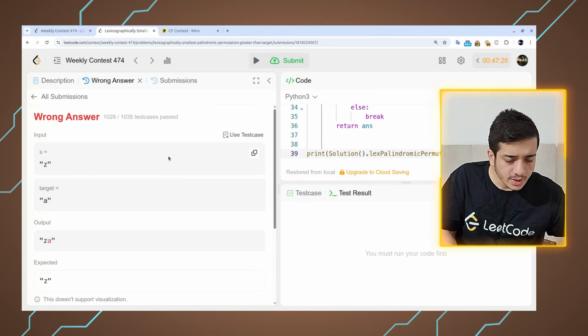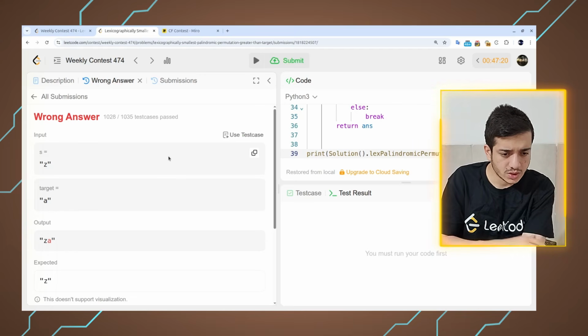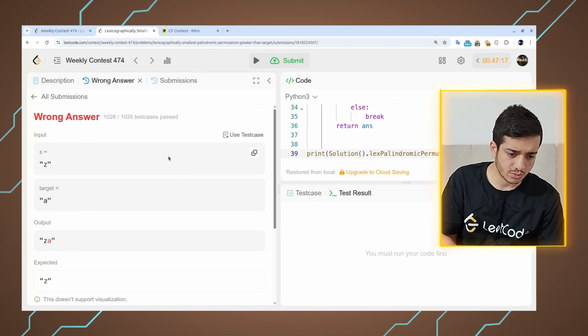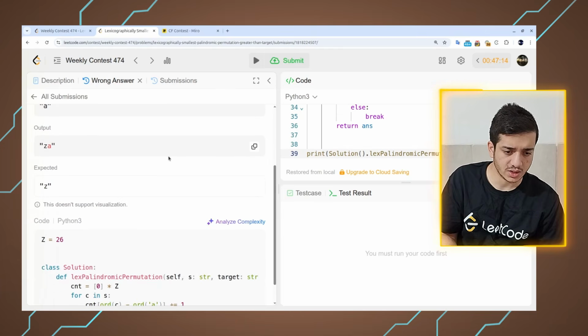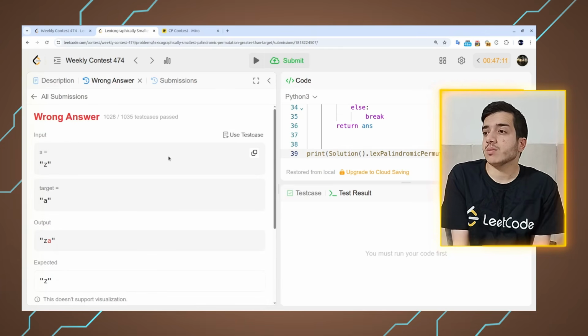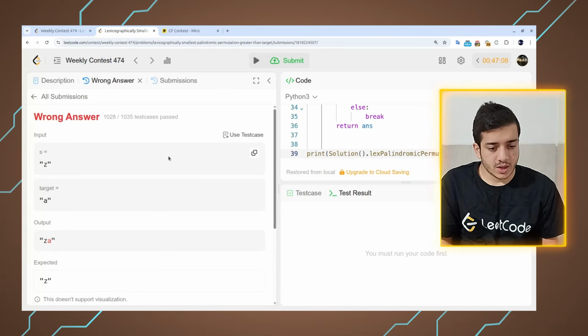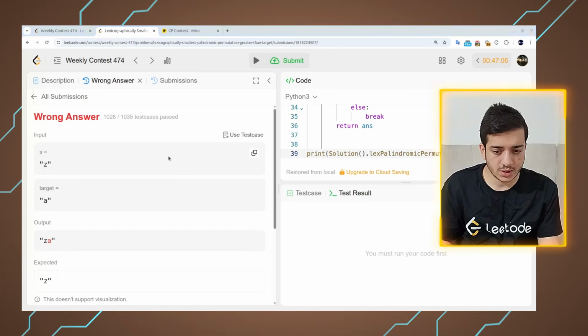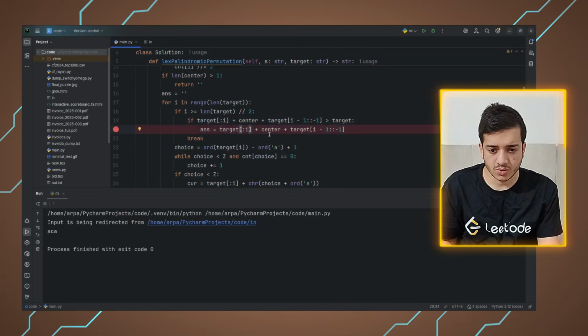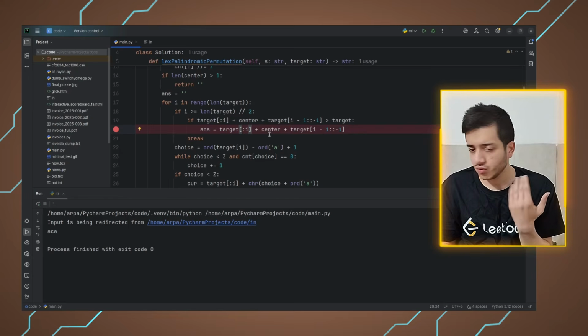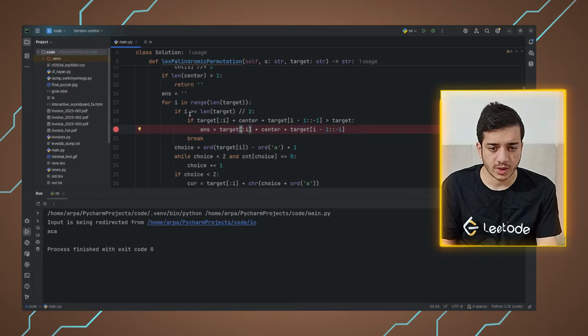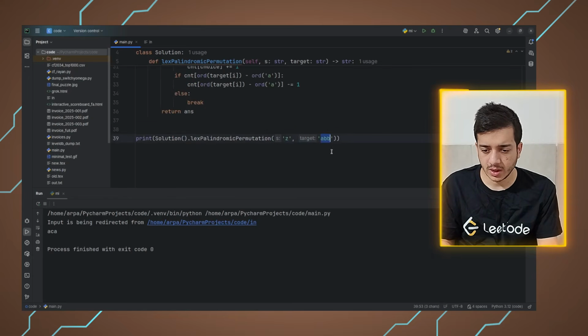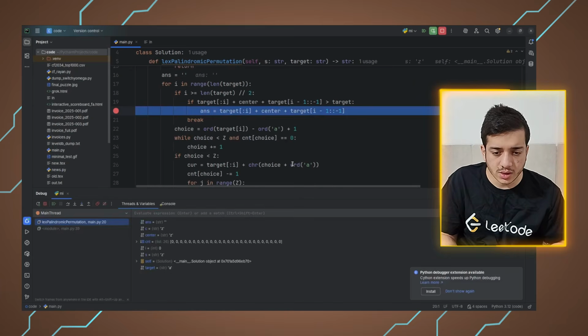We got wrong answer. And the reason is ZA output is ZA, expected is Z. The reason is we go over, wait, 1 divided by 2. Okay, let me write here C, then A, go for that.